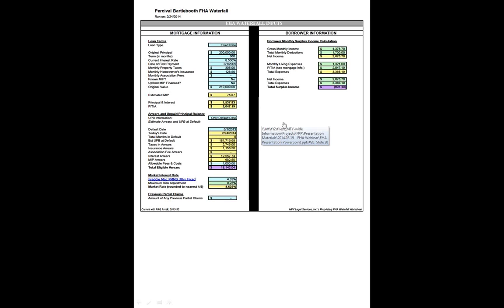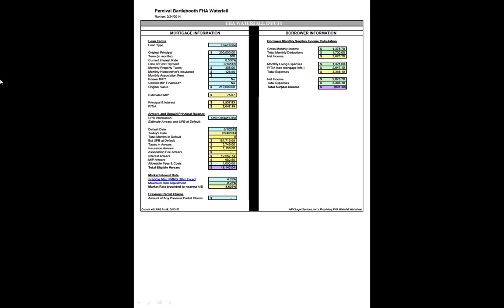So we have a principal and interest charge of about $1,540, and principal, interest, taxes, insurance, and FHA insurance total of about $2,050. The next step is we need to figure out what the borrower's unpaid principal balance is. Here, the borrower was unable to supply their unpaid principal balance at default.